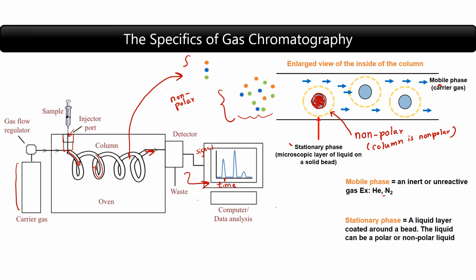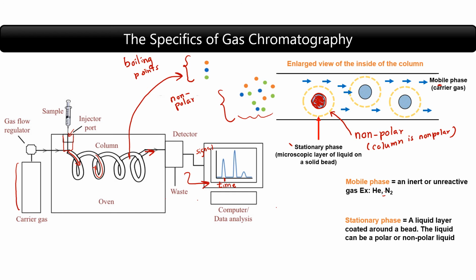And that means their separation will be solely based on the differences in their boiling points. Unlike in Hickman-Still distillation, we don't need large differences between the boiling points. Even if they're just 1 degree apart, the gas chromatogram is sensitive enough to detect them separately.